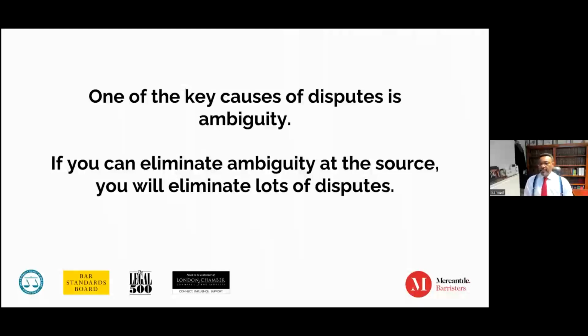Okay, so trying to get into the meat of what we're supposed to be talking about this evening, before I address the issue of ambiguity, which I say is the primary cause of most construction contract disputes, I think it is proper to draw attention to the necessity to make an intelligent choice of the form of contract that you're going to use for your projects. Now, you may well be the employer, the architect, maybe a QS, or indeed a contractor.